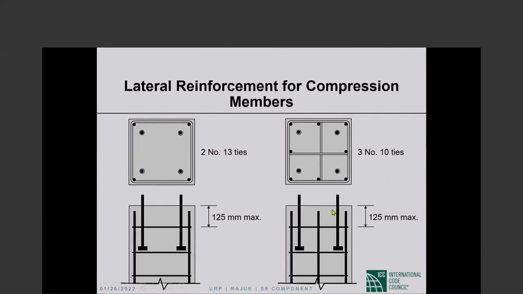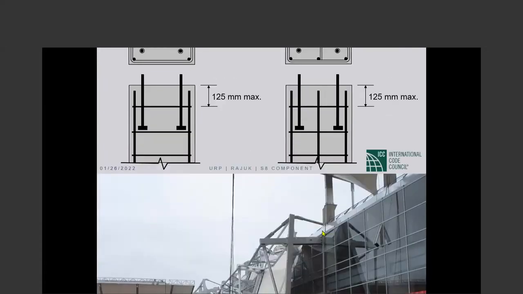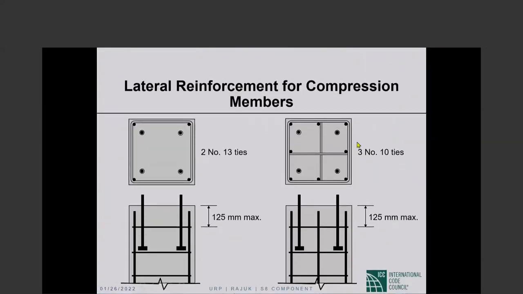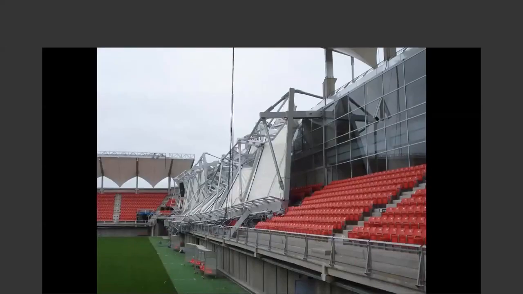Here, the difference between this and that is the column cage has another bar in the middle. So the ties will look like this. There would be cross ties around the middle bar, and those ties and cross ties have to be provided within the 125 millimeter distance, 3 number 10 or 2 number 13.